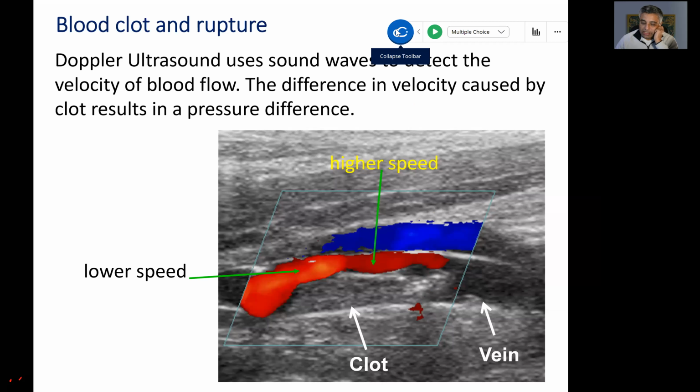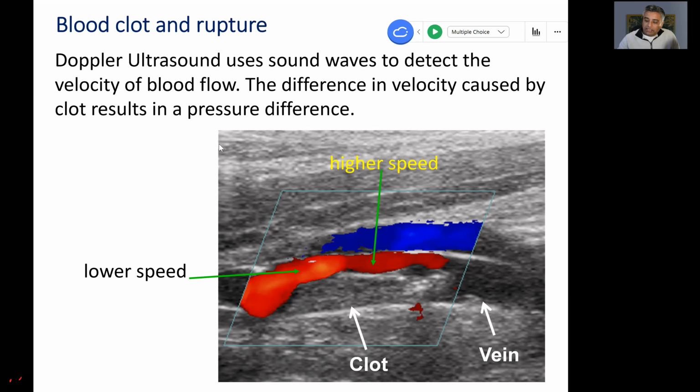And in our body, what happens? There can be a blood clot. And when there is a blood clot, on one side blood may be flowing faster. Faster speed makes a pressure difference. The speed difference creates a pressure difference, and pressure difference means force difference, and that can rupture it.